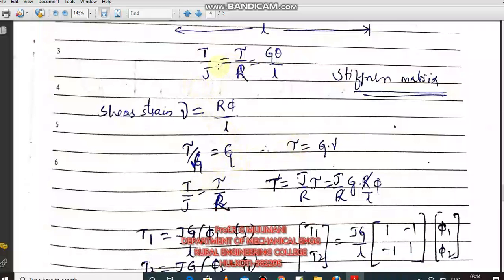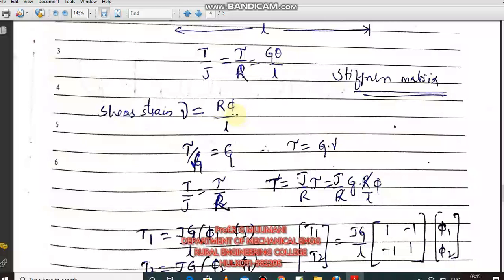By the torsion equation, T by J equal to tau by R, so what is the torque applied? T can be expressed as tau by R into J.